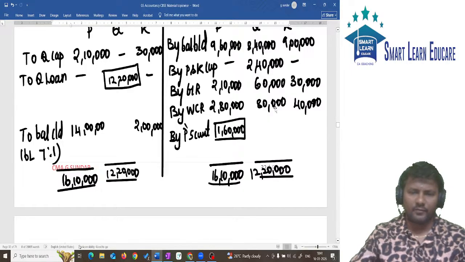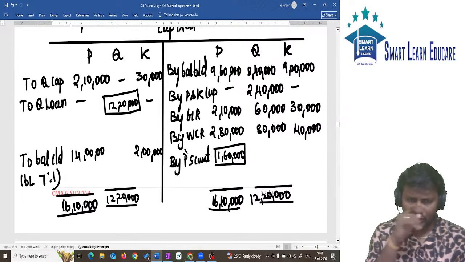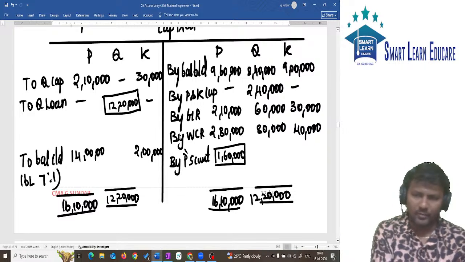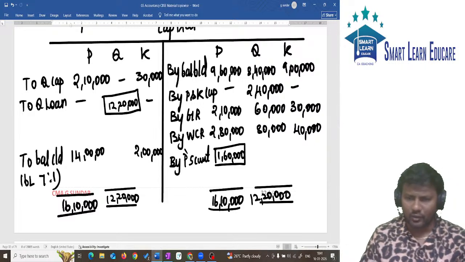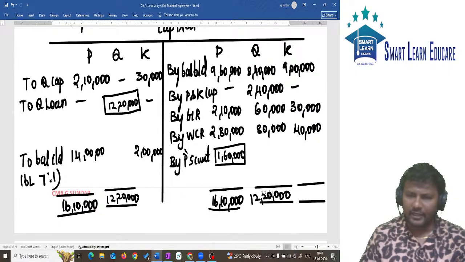Also for Q we should find out the balancing figure. I think for Q the credit side total is more, because the credit side total for Q is 9 lakh plus 30,000 plus 40,000, you will be getting 9 lakh and 70,000.